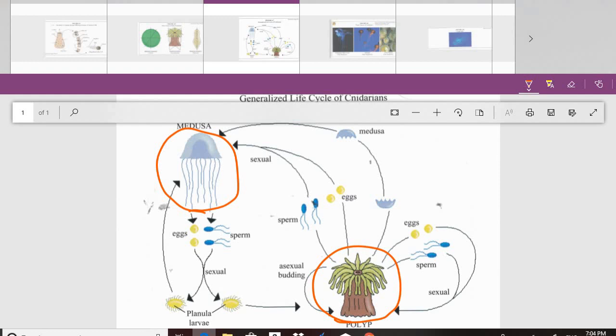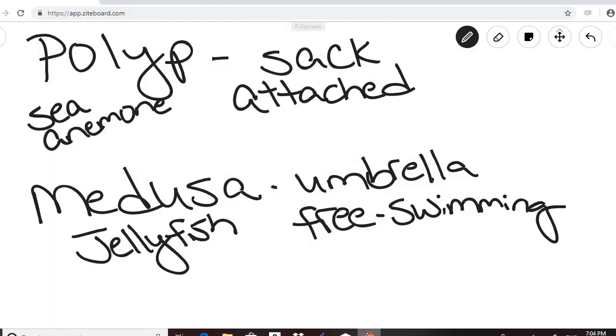When you have a medusa stage, you usually have the tentacles around the mouth. So here are the tentacles, and they surround the mouth. Those tentacles are used to help capture food. There's actually a special type of cell on the tentacles called nematocysts.